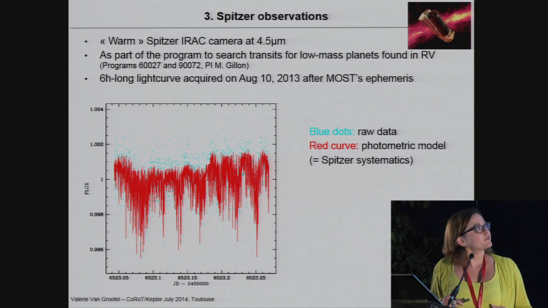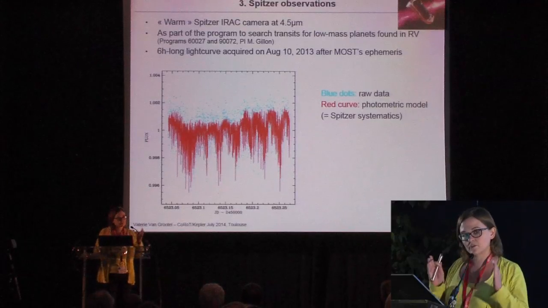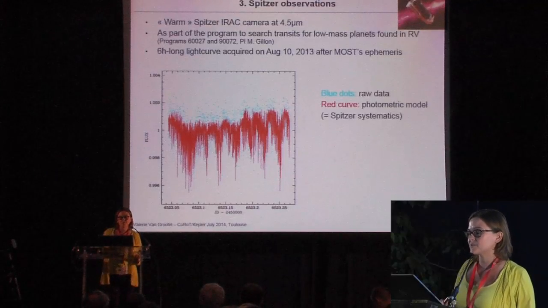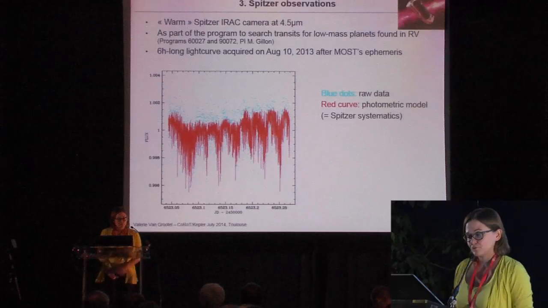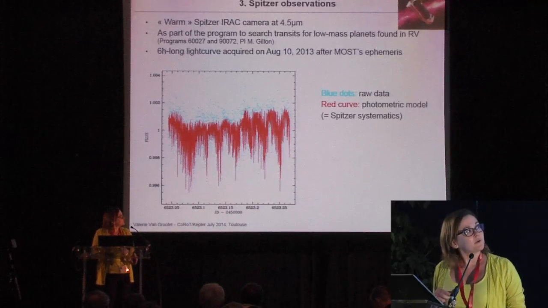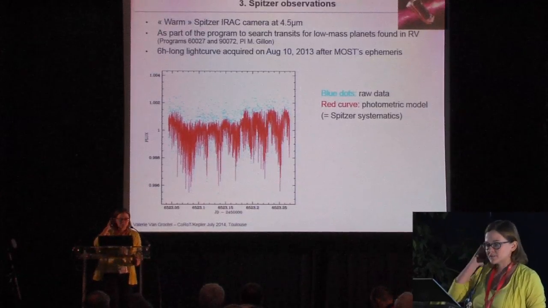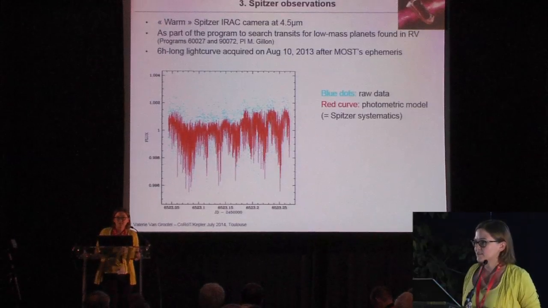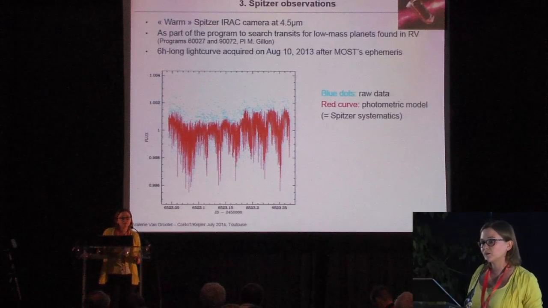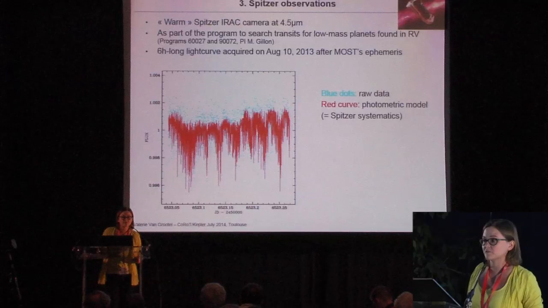So we obtained 6 hours on Spitzer last year, following the MOST ephemeris. So we had to trust the MOST ephemeris to have the transit. In blue, you have the raw data from Spitzer, and I agree that they are quite scattered, but Spitzer has been very well known for many years now, so we know the instrumental systematics of Spitzer very well.